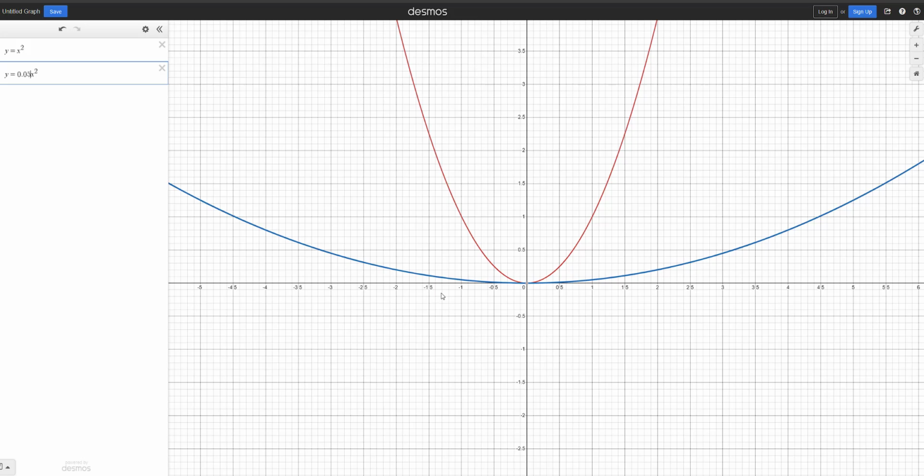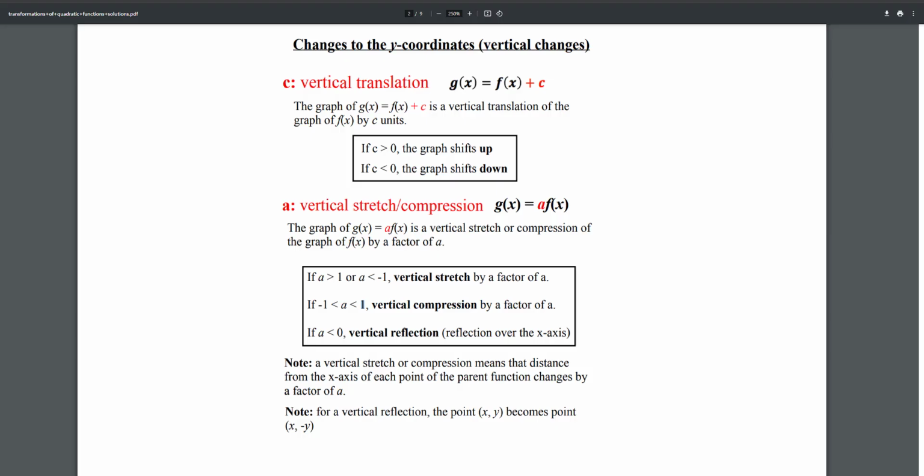We consider this a vertical compression because it's being squished from the top down. And when it's being vertically squished, it's being horizontally expanded. So this is considered a vertical compression. Just understand that my A value can vertically stretch, compress, or reflect.